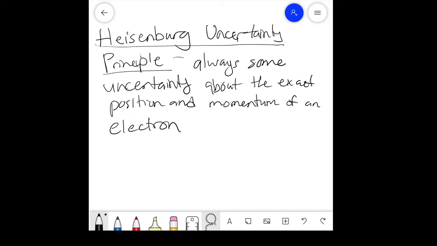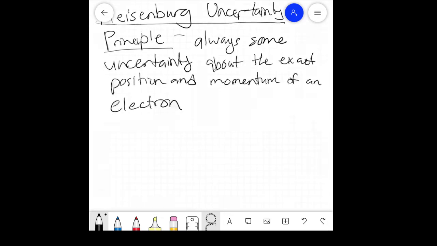It's hard to check those things down. But using probability in quantum mechanics, we can describe the electron's position with the best amount of accuracy that we have.